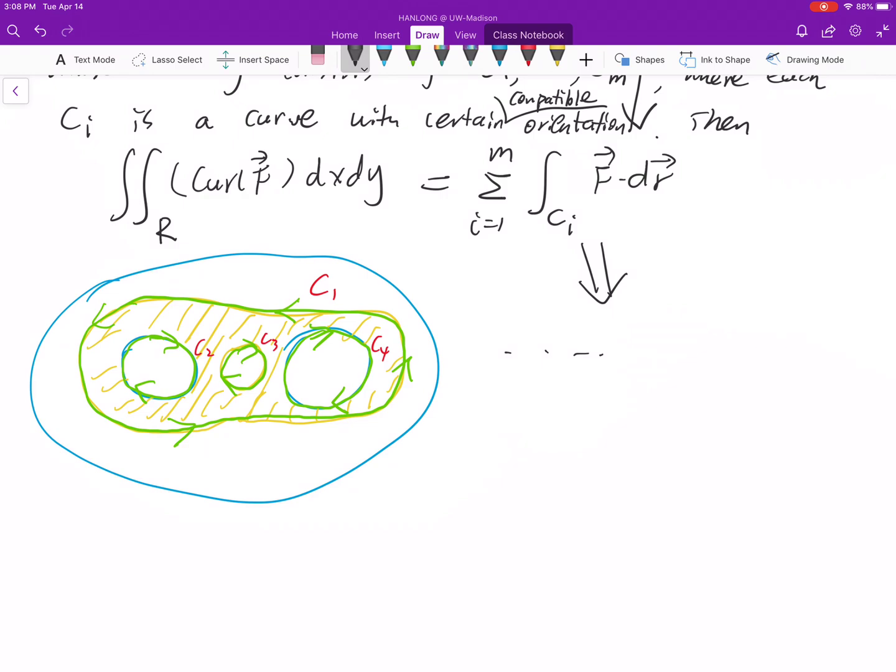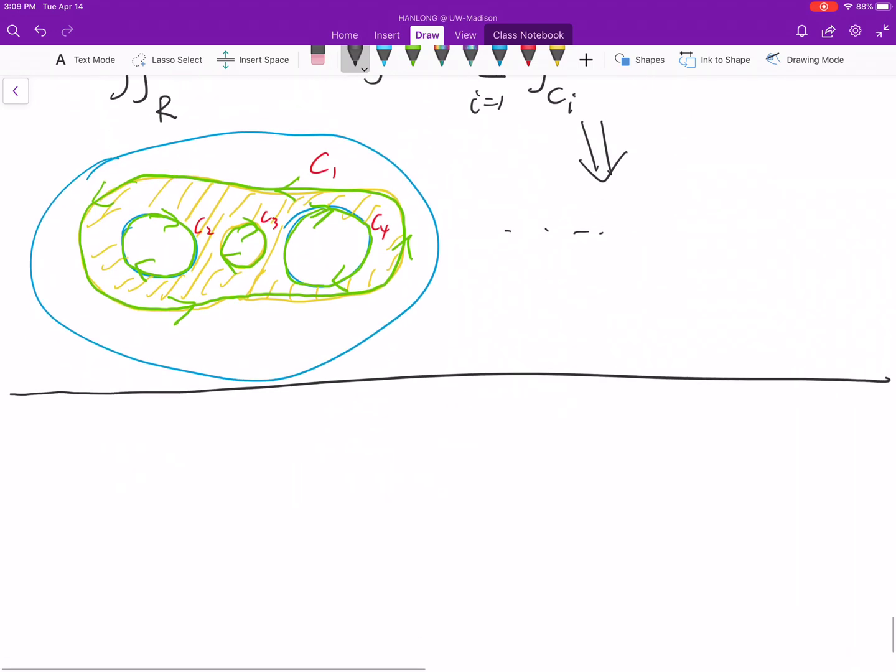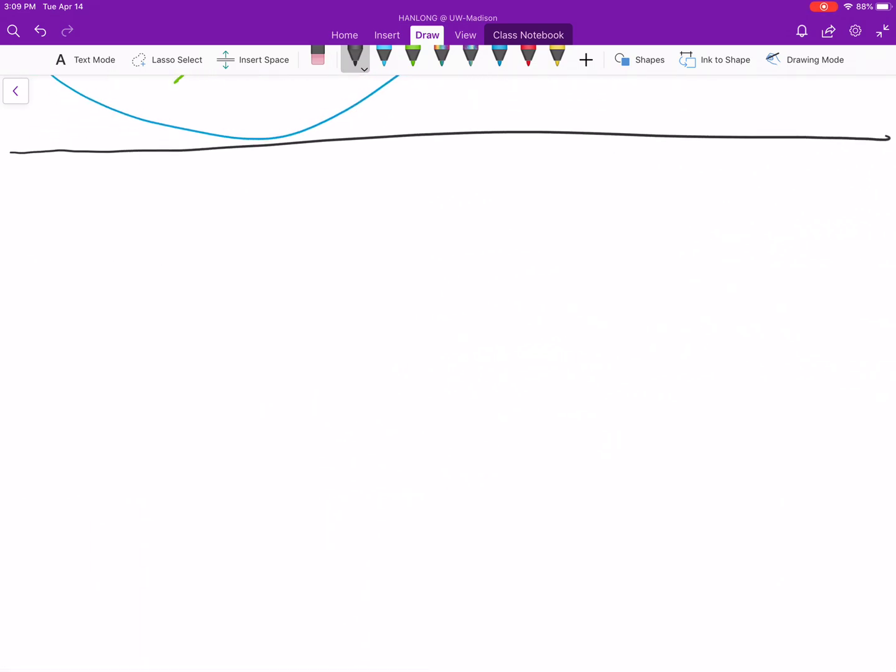We will do some examples in a moment. So this is the general idea. Okay, so let's look at an example.